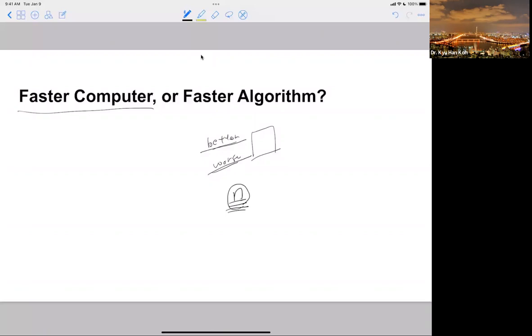If you think about your problem size, there might be like 100 or 1,000, even 100,000 entries. But how many computations can your CPU do per second?